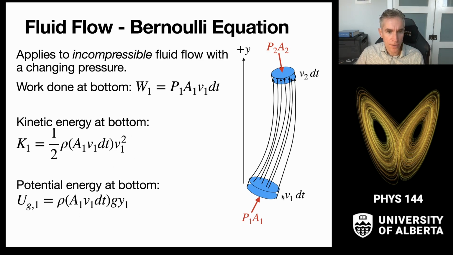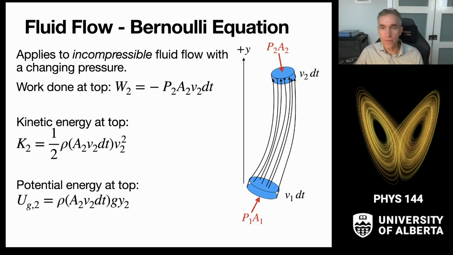And then the potential energy, measured from some arbitrary point y, is going to be mgh, which is the mass density times the volume times the acceleration due to gravity times whatever its gravitational coordinate is. Okay, so that's the energy at the bottom of the flow tube, and I can repeat the energy at the top of the flow tube.